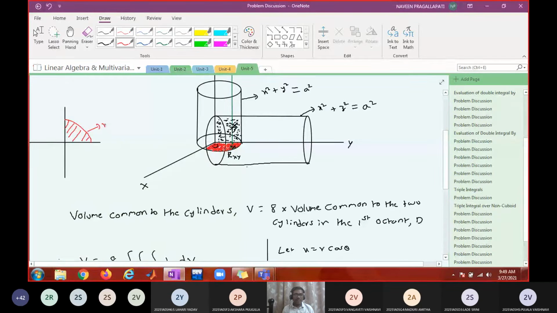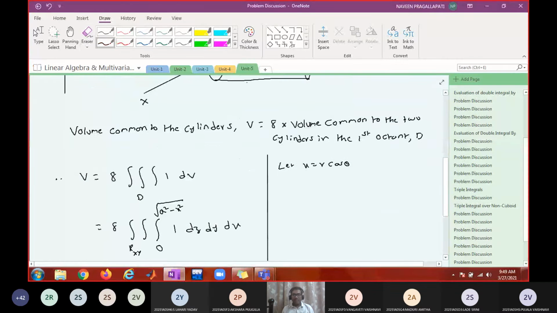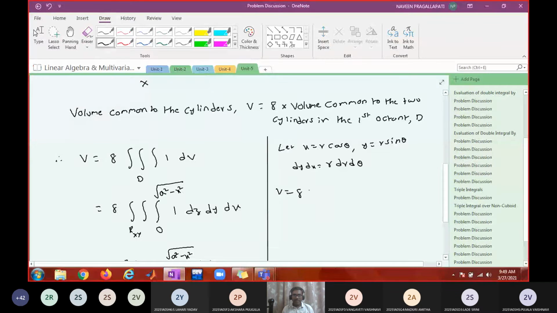So this is x square plus y square equal to a square. So x equals r cos theta, y equals r sin theta. So dy dx is r dr d theta.